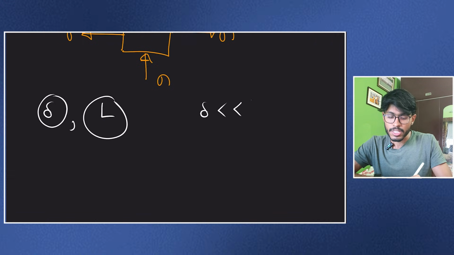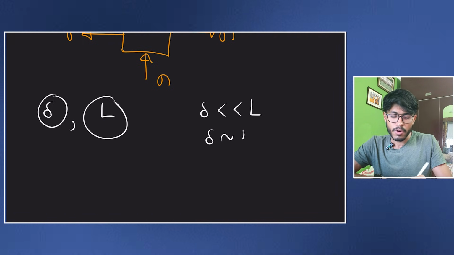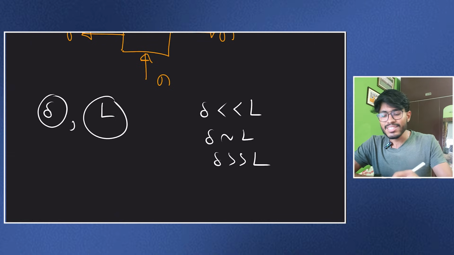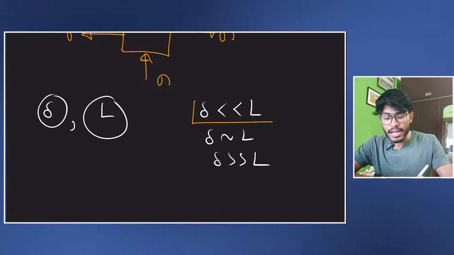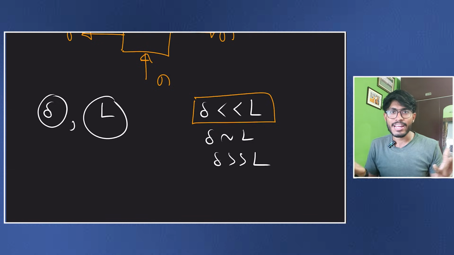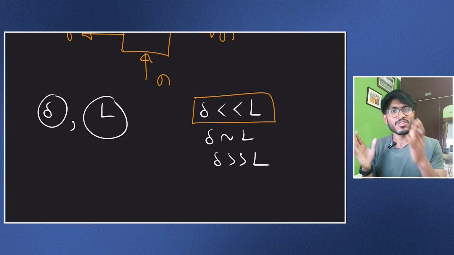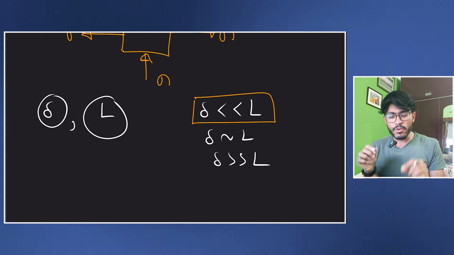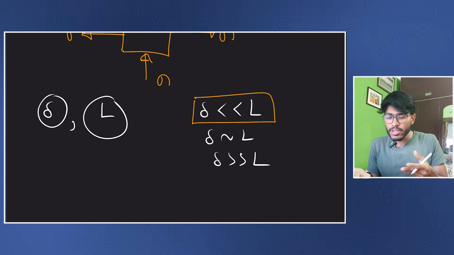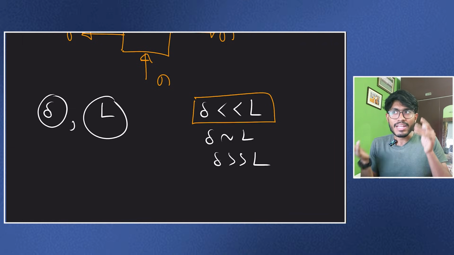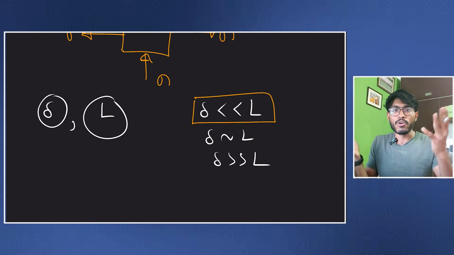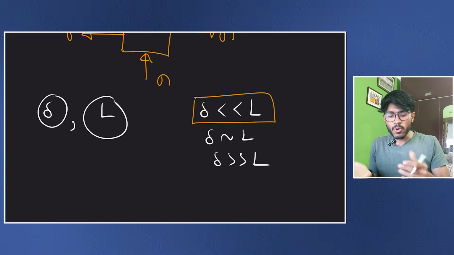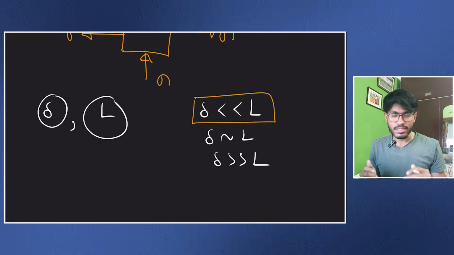Should it be delta much less than L? Should it be of the same order? Should it be the opposite? This is the most basic thing: we know the boundary layer equations, but we don't know the basic assumptions. If you know the assumption here, it will take you 1 second to answer. But if you know the complicated boundary layer formula and you don't know this assumption, then you cannot answer this.